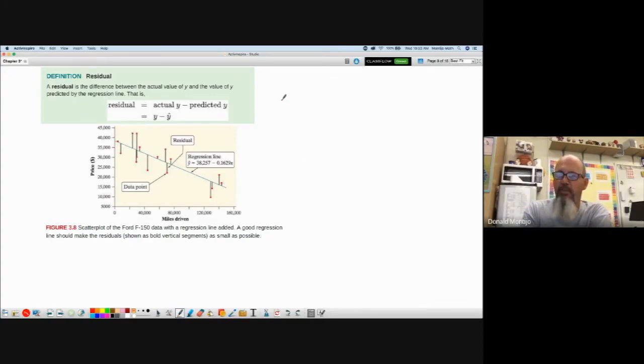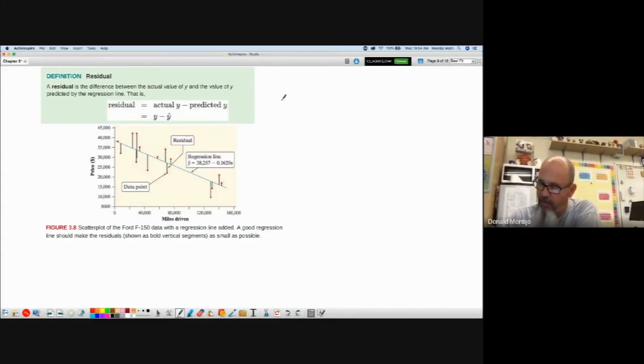We're going to use residuals to determine if the data is linear or not. A residual is the difference between Y and Y hat. Okay, so residual is Y minus Y hat.